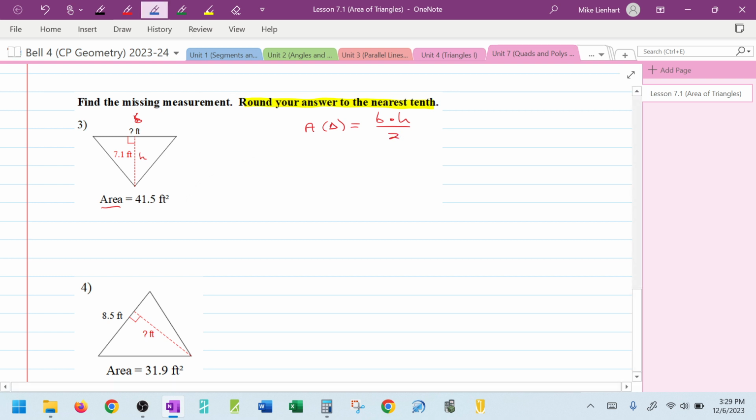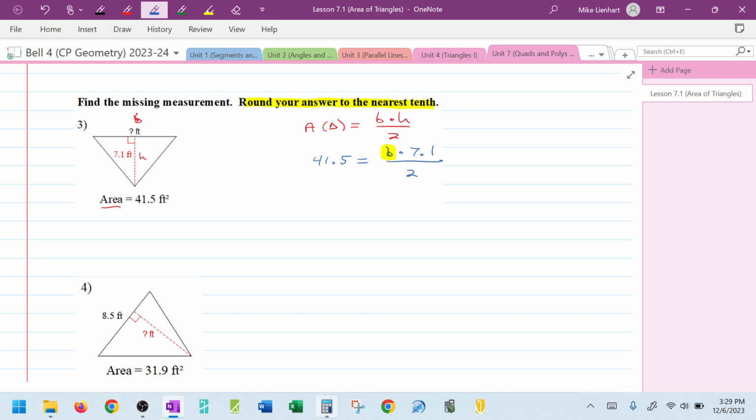I now can fill in the area of the triangle part. So this is 41.5. I know that's equal to the base, which I'm going to call B, times the height, 7.1, divided by 2. I now have an algebraic problem where I've got to solve for B. The easiest way to do this, in my opinion, is first, let's move the 2 over to the left side.